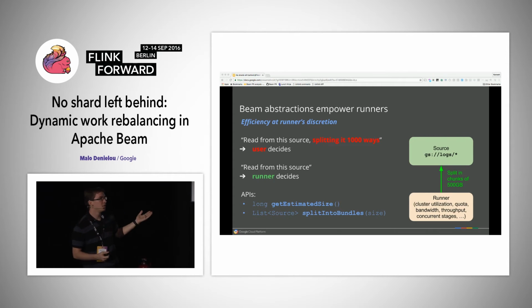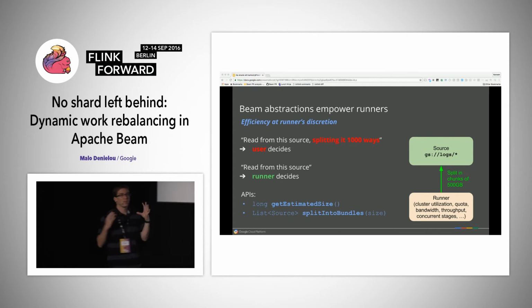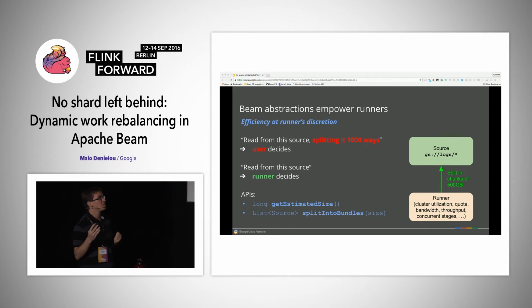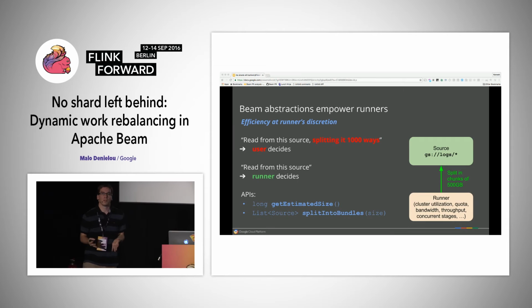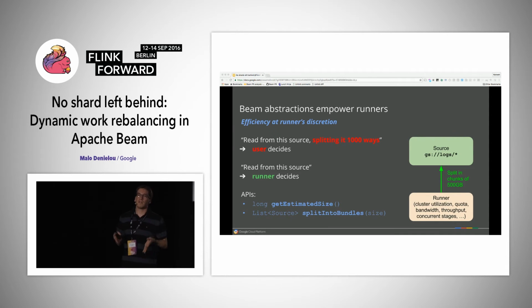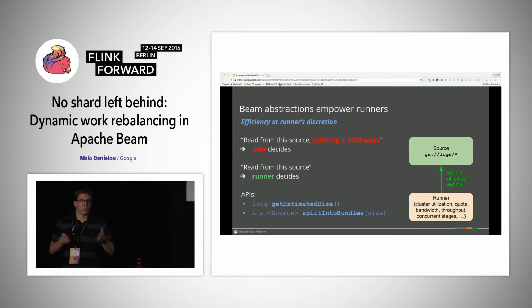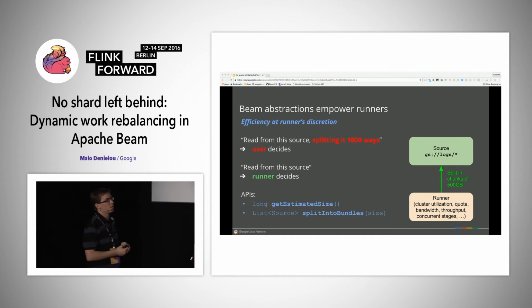Then the runner, empowered by this API, can do whatever it needs to decide what is the actual size in which it wants to split this source. For example, it can take into account the current cluster utilization. Maybe I can only allocate 3 workers to this job, so there's no point splitting it in thousands of small chunks.